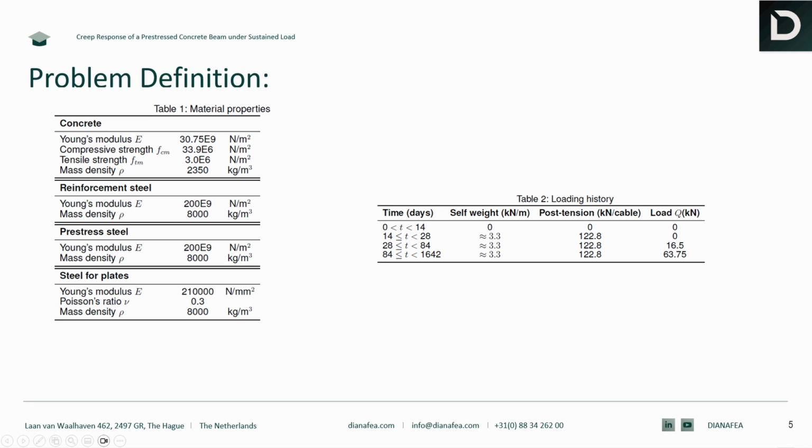At the age of 40 days, a pre-stress load per tendon was applied by post-tensioning at one end. In addition, two concentrated loads were applied at different stages. The first one at the age of 28 days and the second one at the age of 84 days.